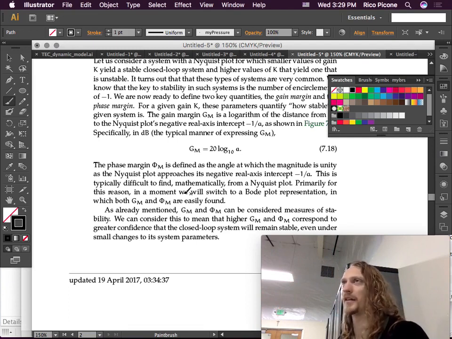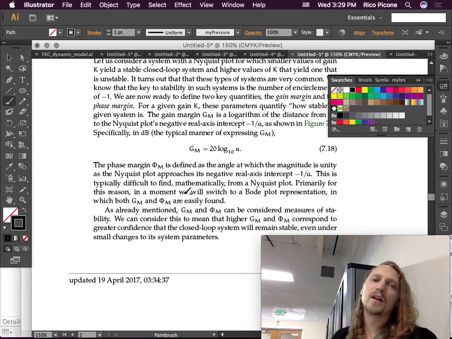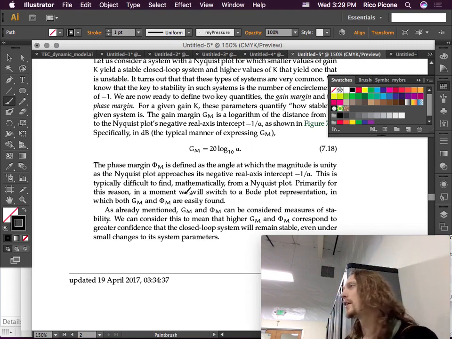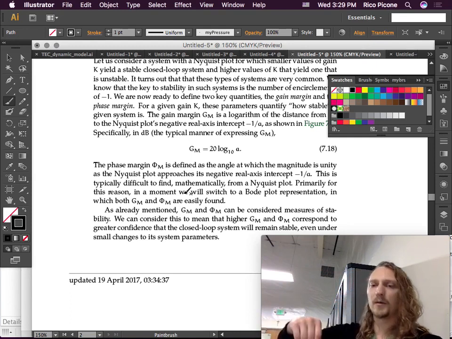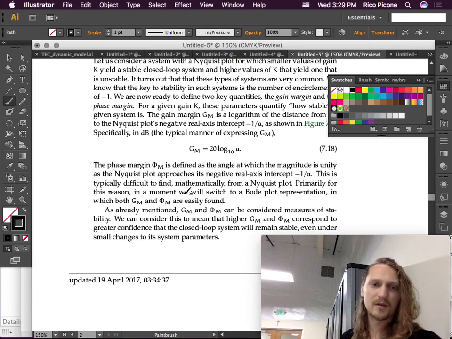If you're going to do it numerically, it's not hard. But primarily for this reason, in a moment we will switch to a Bode plot representation, in which both the gain margin and the phase margin are easily found. So in Nyquist, gain margin is easy to find, but in Bode, both gain and phase margin are easy to find. We just need to make that leap from a Nyquist plot to a Bode plot and interpret it. So that's our next step.